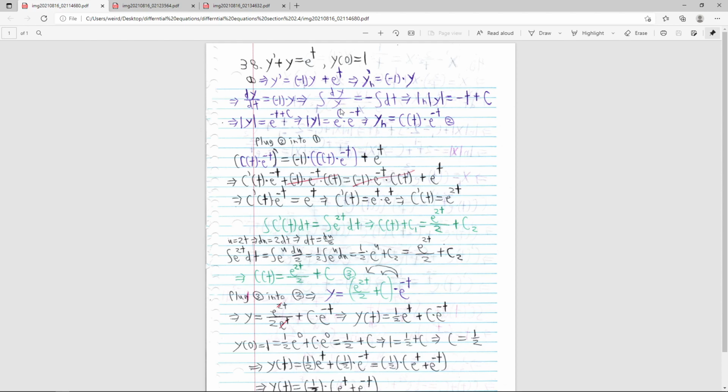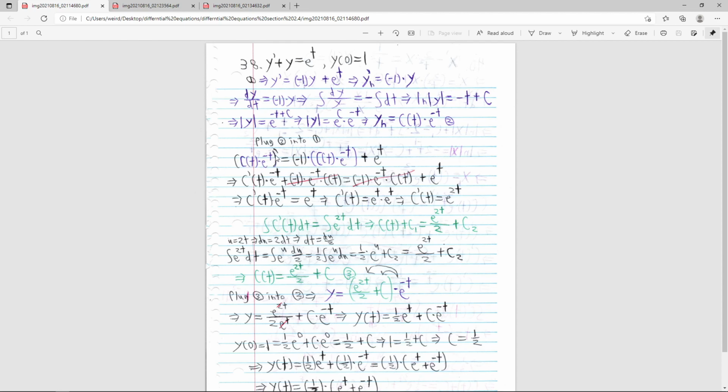But you do separation of variables, and you go from here. You have a very simple one, same process as before. We have c of t times e to the negative t. That's number 2 for the homogeneous solution, because that's the homogeneous component when you're solving for the homogeneous. Very similar process every time.